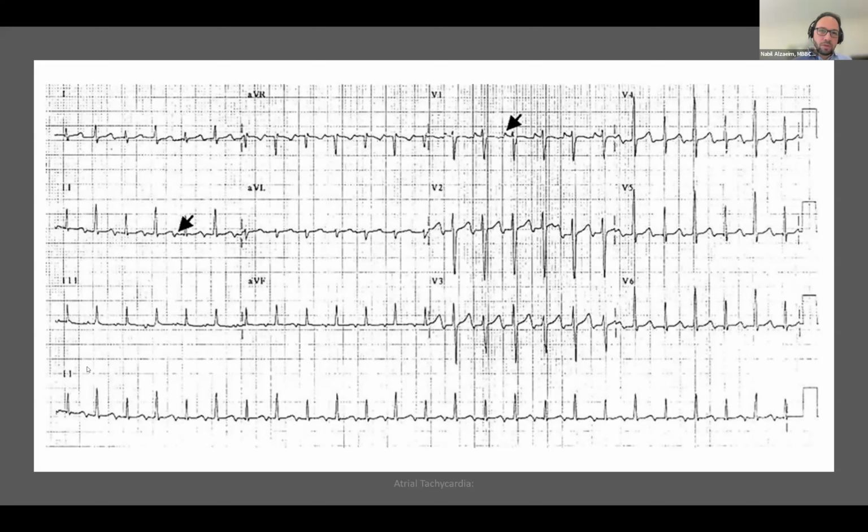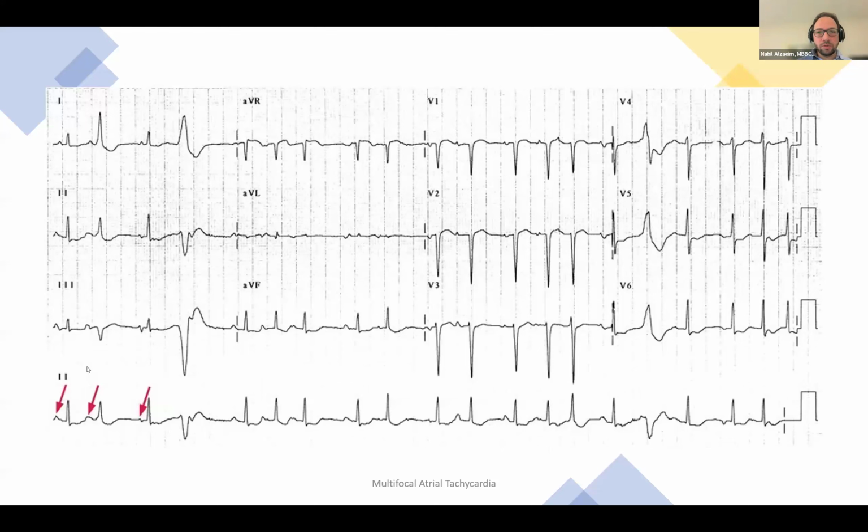Okay, so this EKG shows atrial tachycardia. Narrow complex tachycardia, with the P wave most clearly seen in lead V1, and at the end of the T wave in the other leads. This is the P wave here. So this is the atrial tachycardia. This is an EKG of multifocal atrial tachycardia.